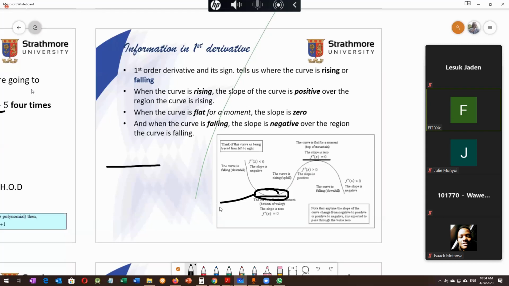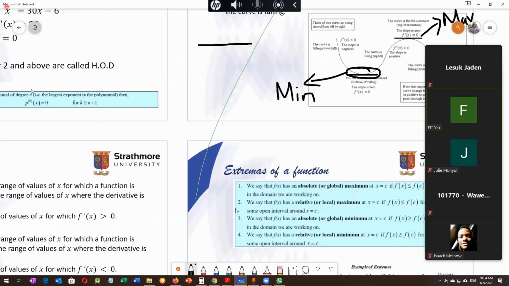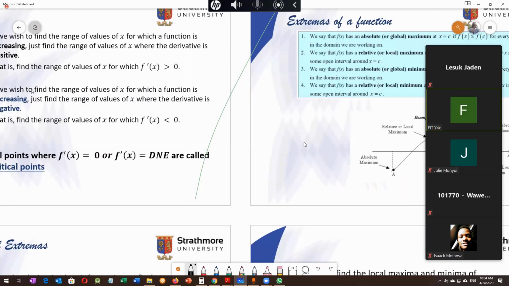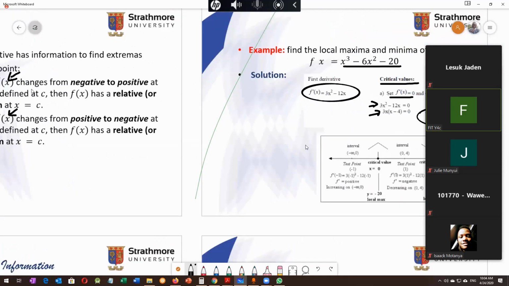This is where either our minimum value is hit, or our maximum value is hit. Those are the candidates. That's why they're called critical points. And that is extremely important as a summary from calculus. So these critical points, you can find them this way. There's an example here.